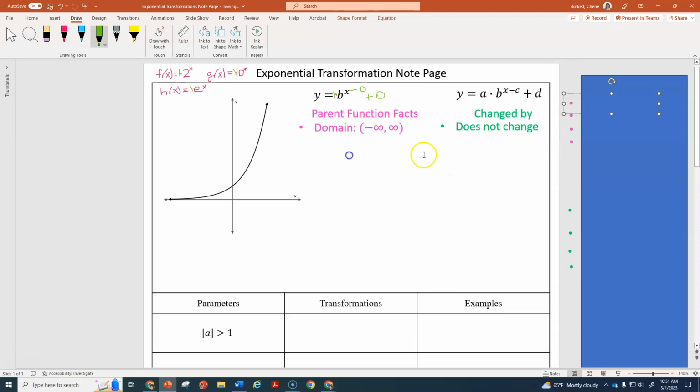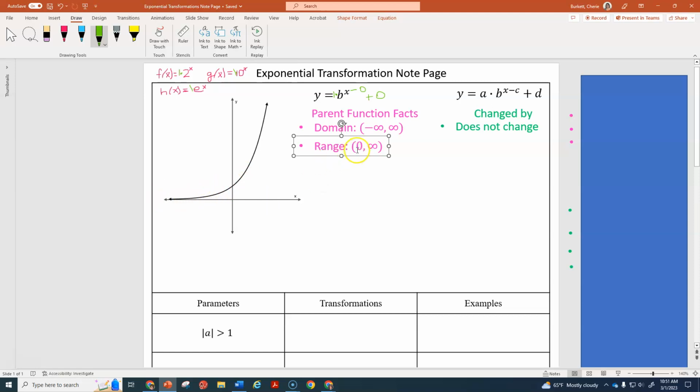Your range for the parent functions is going to start at 0. Here's the y-axis, and down here is the x-axis. My y values, as we talked about last time, have an asymptote. That x-axis is our asymptote. That means the graph never touches 0, but it goes really, really close to 0.